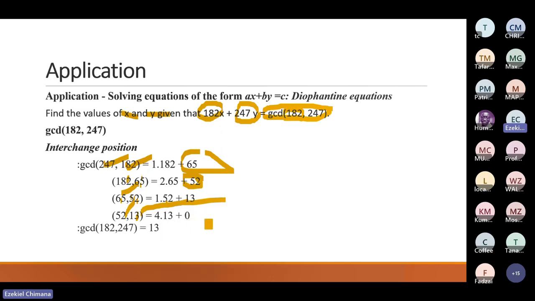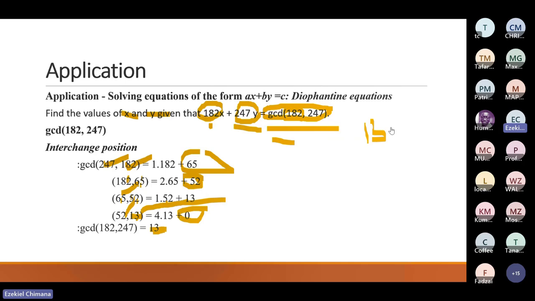And remember, when you get the remainder 0, just report your B as the greatest common divisor. So therefore, the GCD of 182 and 247 is 13. That's your final answer there. So now we have the equation which says 182x plus 247y is equal to 13, because we now have the answer for the greatest common divisor.